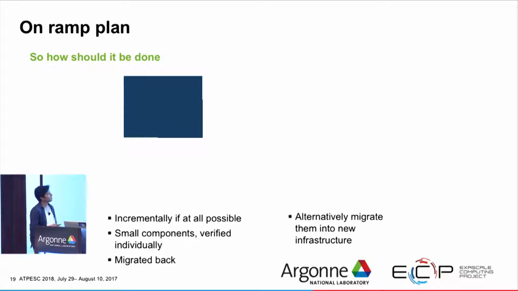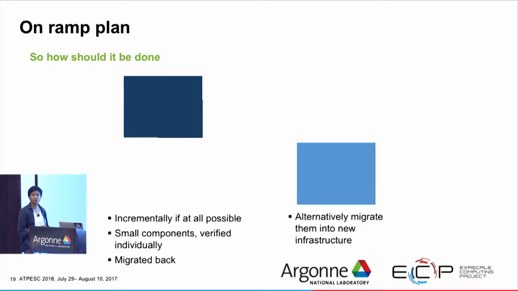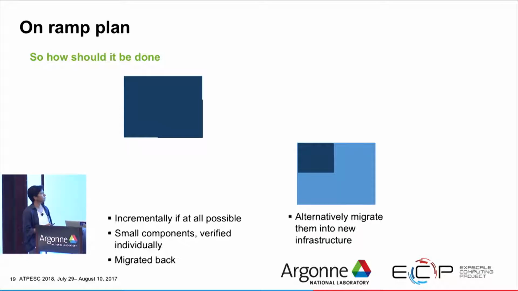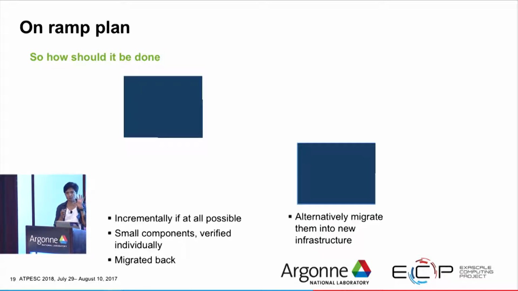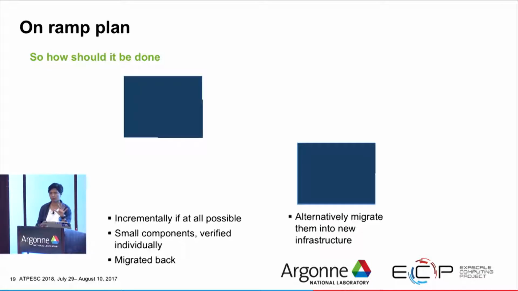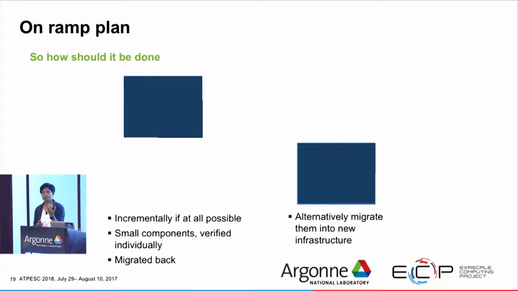Another way of doing it is to alternatively migrate them into a new infrastructure. So you build a new infrastructure, and then you can bring in the bits of code into the new infrastructure, and that's how you complete the code. So the first one was you start out with the code, you take individual pieces out, you verify them, and then you migrate them back into the code as before, so that the next doesn't disrupt.